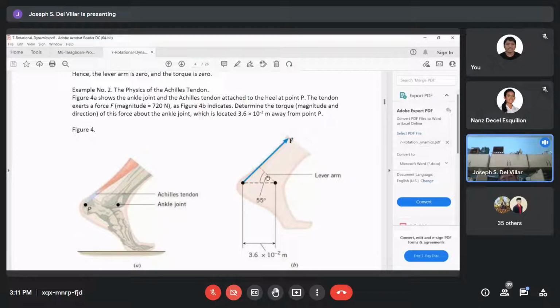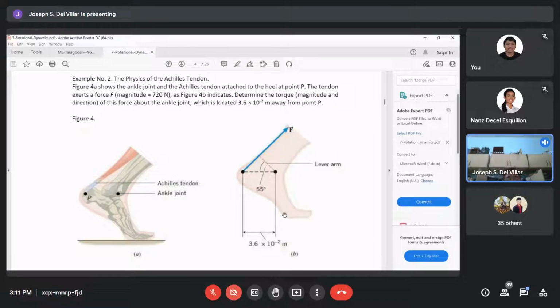Now this dotted line, itong naka-red, that is the lever arm because it is at 90 degrees with the line of action of the force. Okay? So dito sa letter B, ang gagamitin nating lever arm itong red at hindi itong 3.6 times 10 to the negative 2. Hindi yan ang lever arm. Okay? It is just the distance between the 2 points. But the correct lever arm is itong shorter distance. Okay?